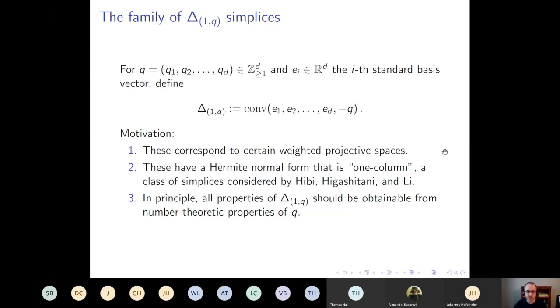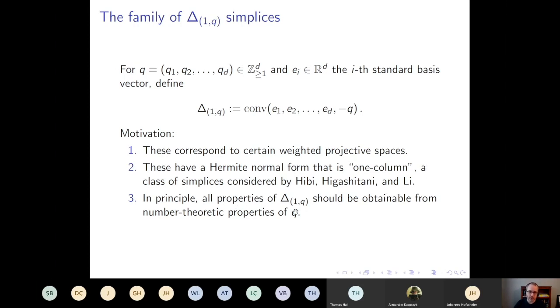These simplices have a Hermite normal form. If you look at the vertices, the matrix for the vertices has a Hermite normal form that's what's called a one-column matrix. Those simplices have been considered previously by Hibi, Higashitani, and Lee in the context of Ehrhart theory.